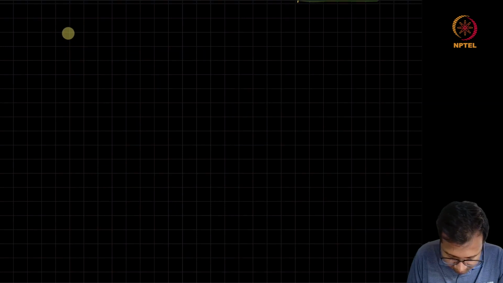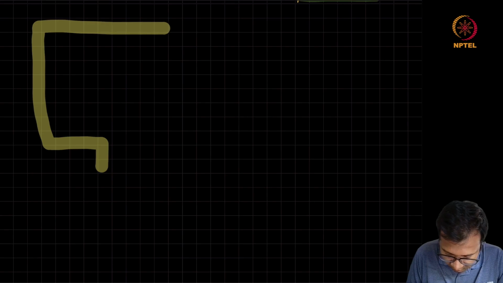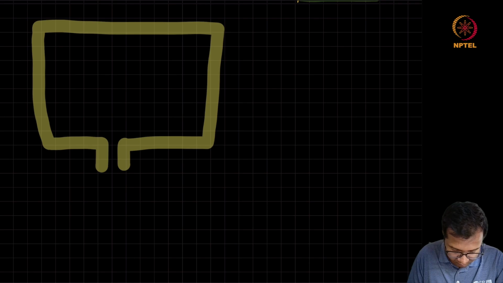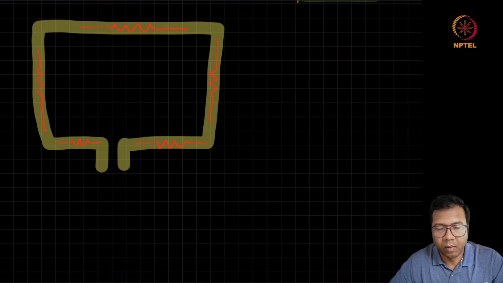We also know that whenever we are trying to design an inductor using metal, there will also be this resistance in the metal routing. We can talk about the quality factor of the inductor.